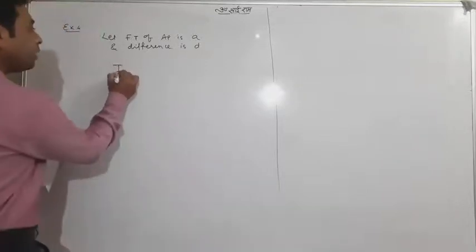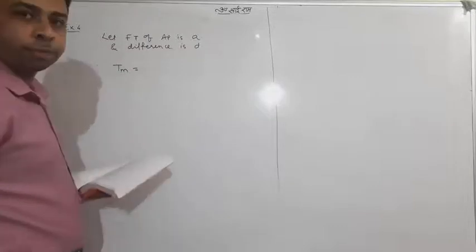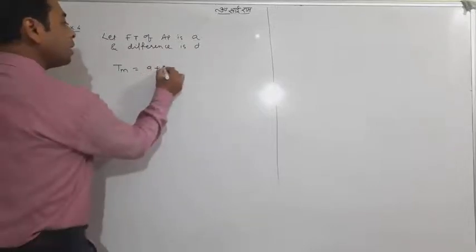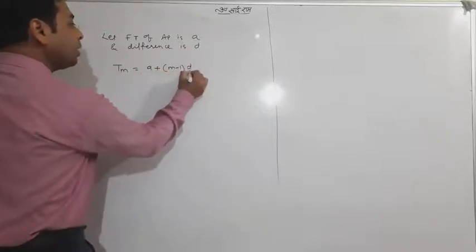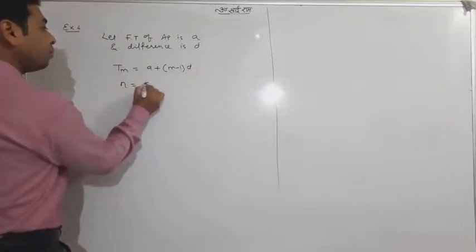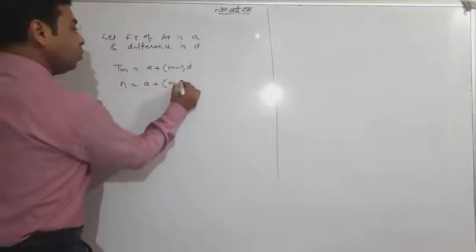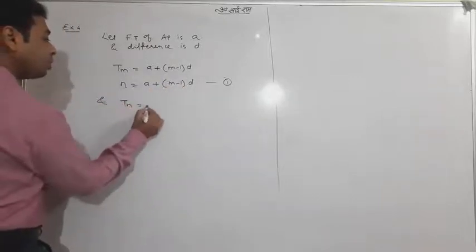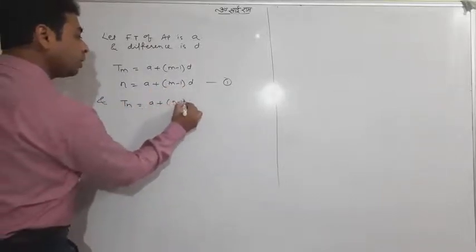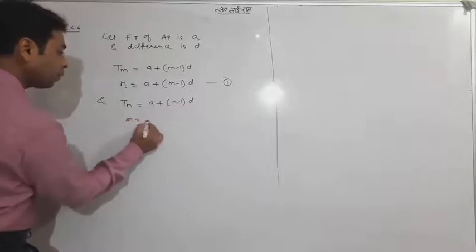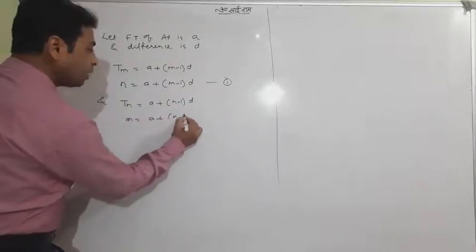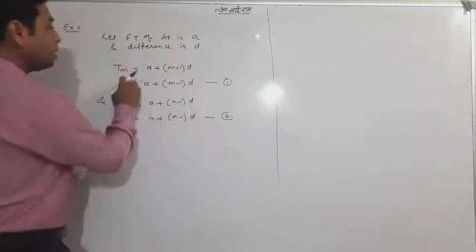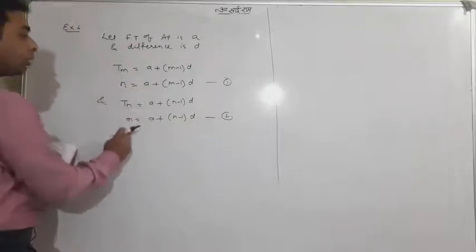So we write Tm, meaning the mth term, so A plus (m minus 1) into D, and the mth term is given as n. This is equation number 1. Similarly, the nth term is A plus (n minus 1) into D, which is given as m. This is equation number 2.